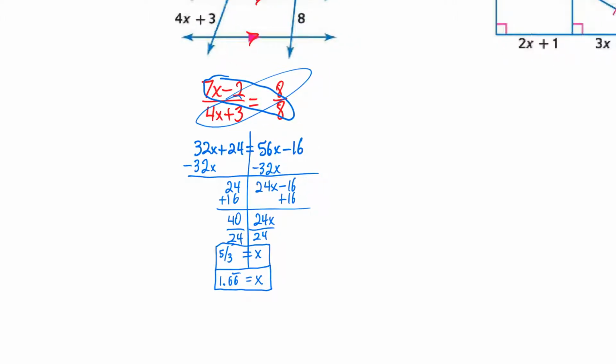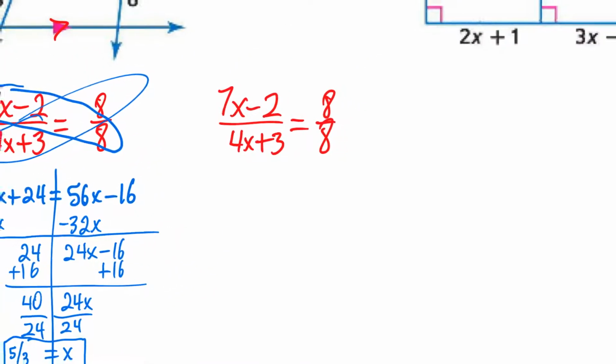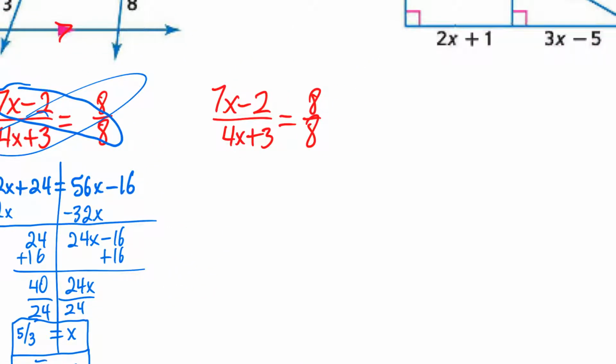Okay, now I want to go back up here and think about this again. So 7x minus 2 is to 4x plus 3, as 8 is to 8. There's something a little bit strange going on there. What's kind of the 8 over 8, right? What happens when you have anything divided by itself?